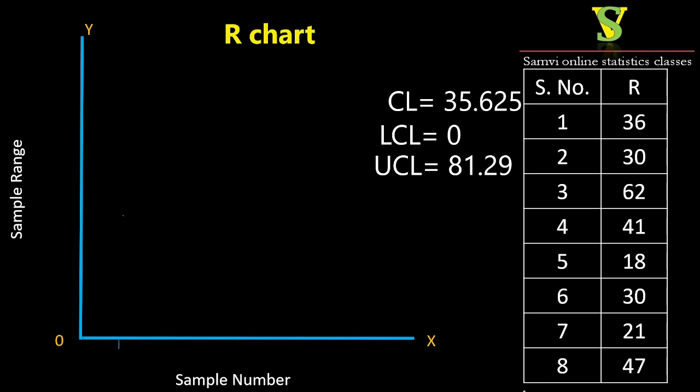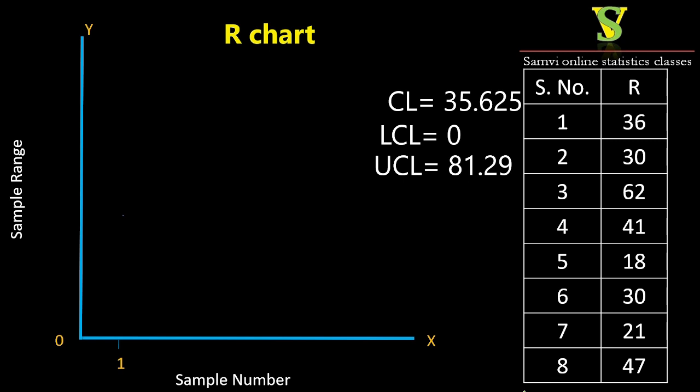Now, divide the x-axis by referring to the sample numbers here. Here, a total of 8 sample numbers are given. So, divide the x-axis into 8 equal parts. Maintain a distance of 1 or 2 centimeters and make the first division and write here 1.